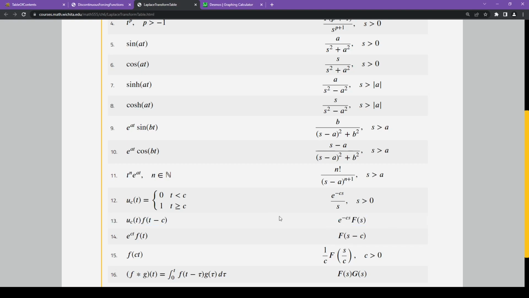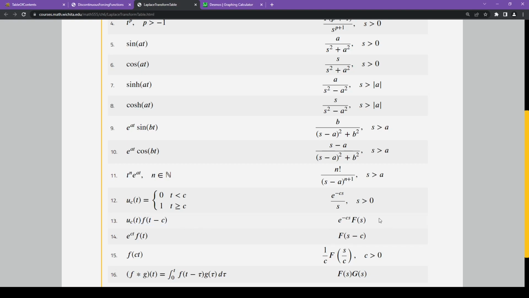What I have is e to some number times s times some function F of s. If I look at the inverse Laplace transform side of it, we see that we have a Heaviside function and also a shift of that original function back in the time domain.